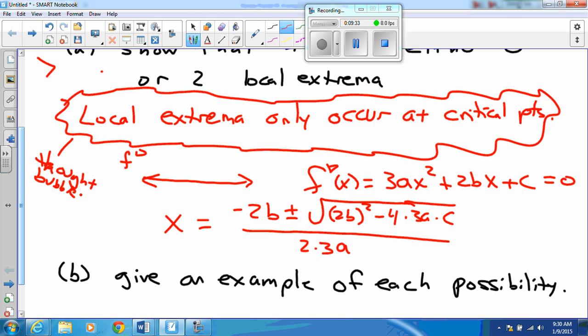Now, we're still not sure how this enlightens us, but we are sure of the following thing. We have identified for ourselves the critical points.